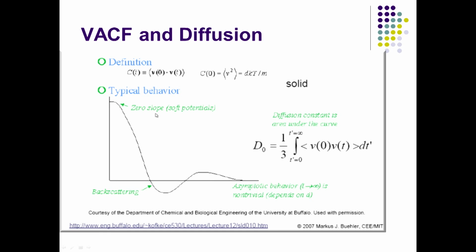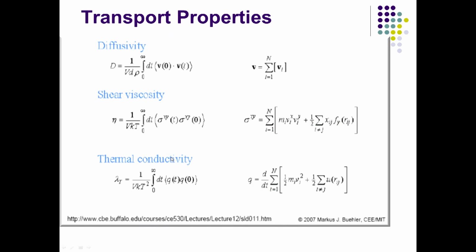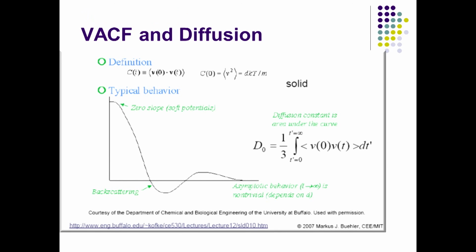So, we are looking at the 0 slope, and that is where, for the soft potential at 0 slope, you get what we call the diffusion coefficient, but the slope increases and then it oscillates around the central position, and that is where we are looking at a very well defined velocity autocorrelation function. And this leads to different kinds of transport properties which we are going to look at now.